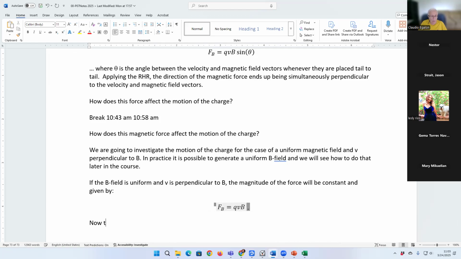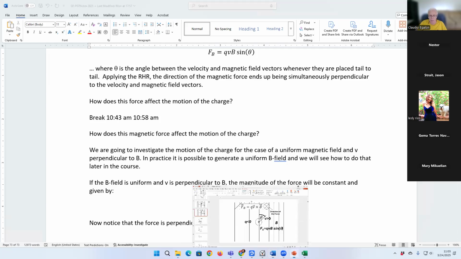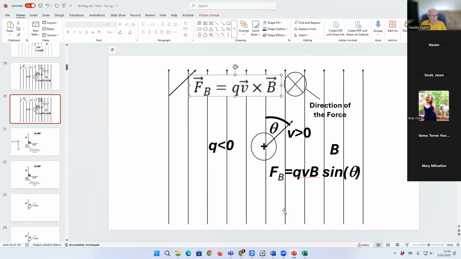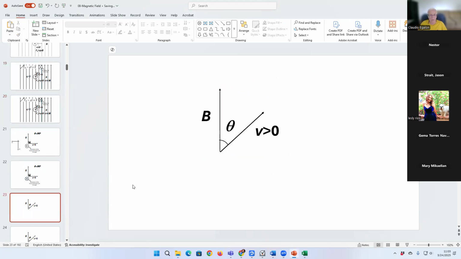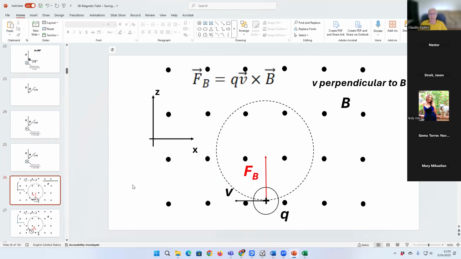Now, note that the force is perpendicular to the velocity vector, just like you saw before. Let's go back to our drawing.